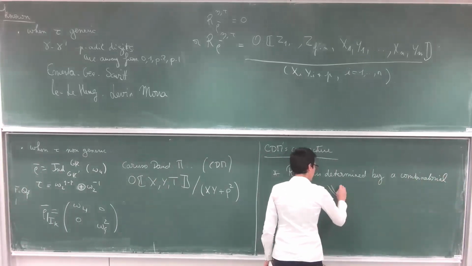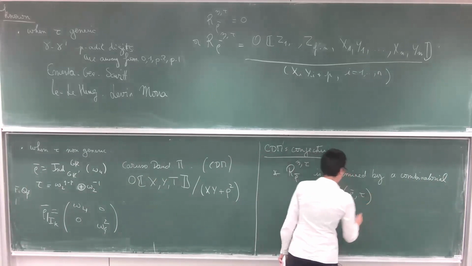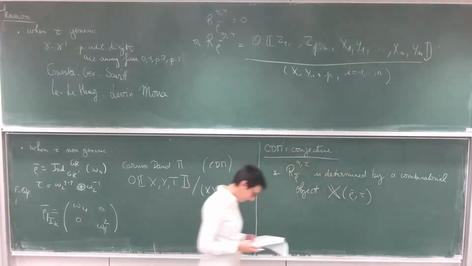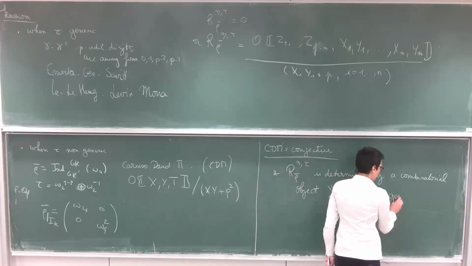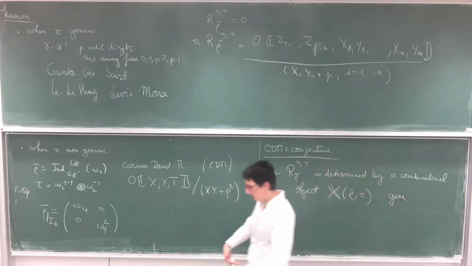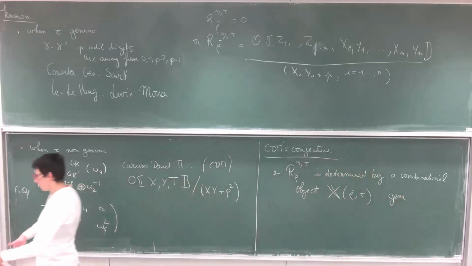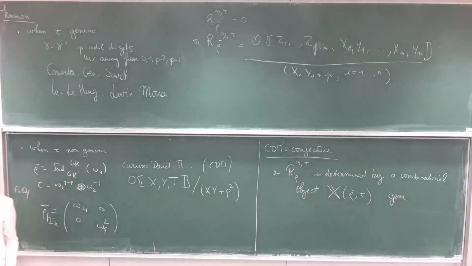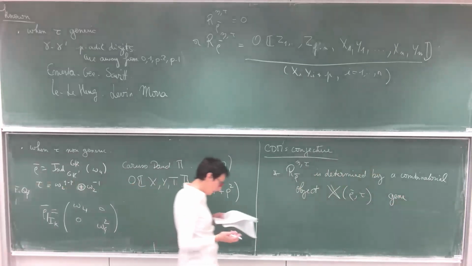We denote this object like that, and we call it the gene, because it tells us how the representation grows. It's a natural name.